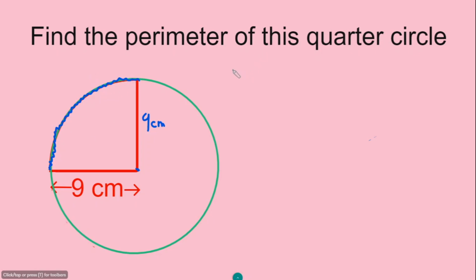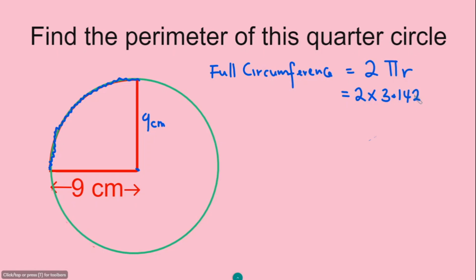So first, let's calculate the circumference. The full circumference of a circle is going to be 2 pi radius, because I'm given the radius here. I know the value 2 is constant and pi is 3.142, and the radius is 9.